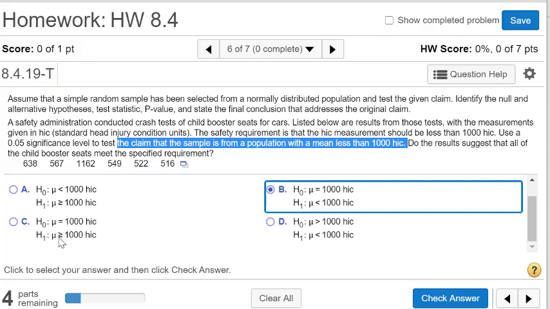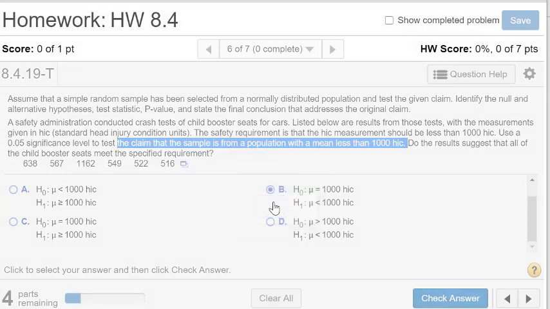Part C says bigger than or equal to for the alternative hypothesis. That's not correct. And the last one, bigger than, less than. So our null hypothesis always has to have the condition of equality. And the only one with that choice is B.